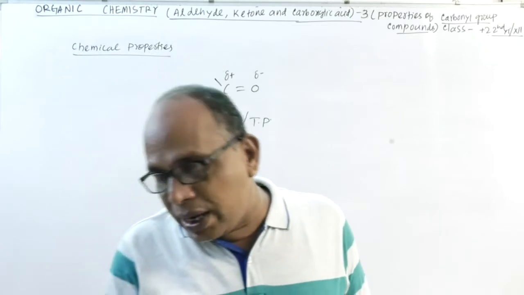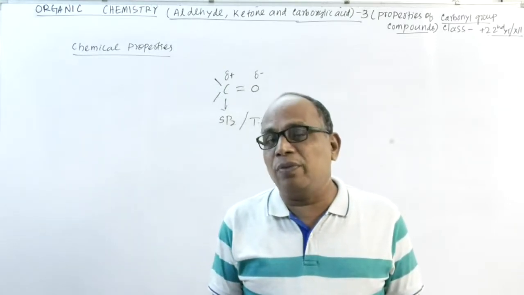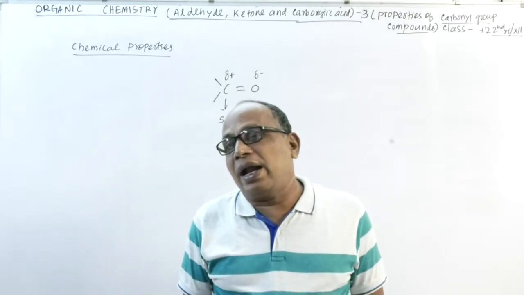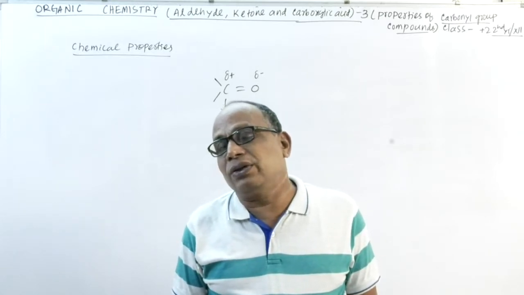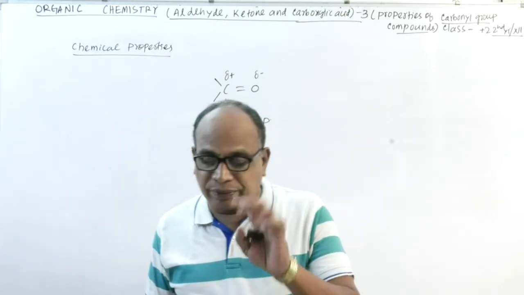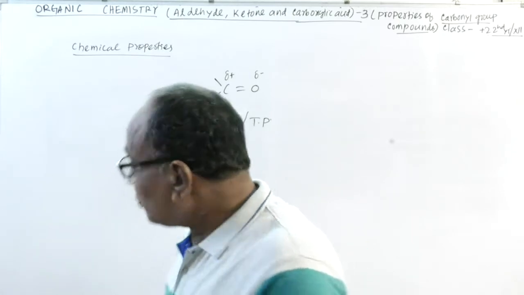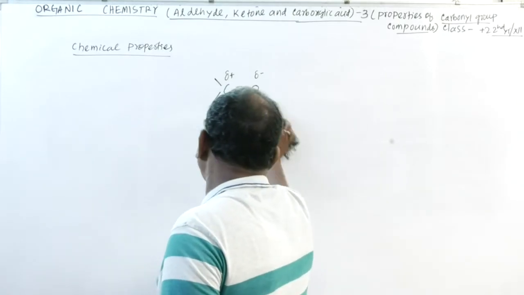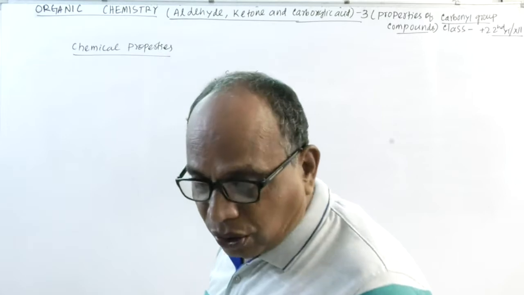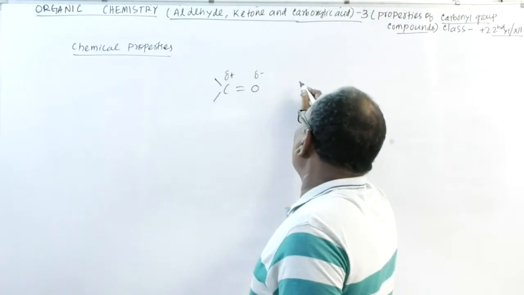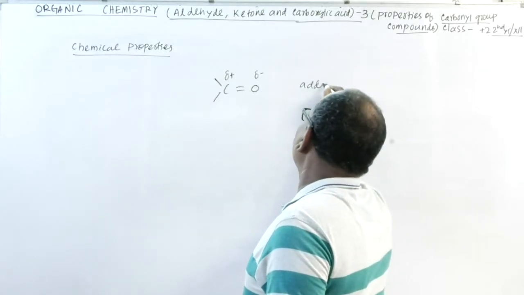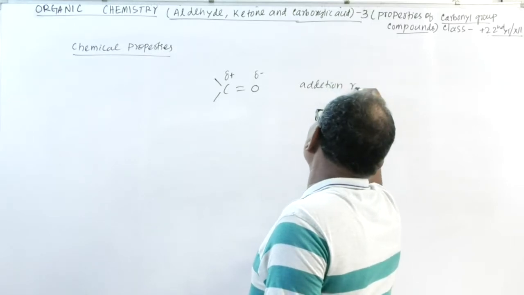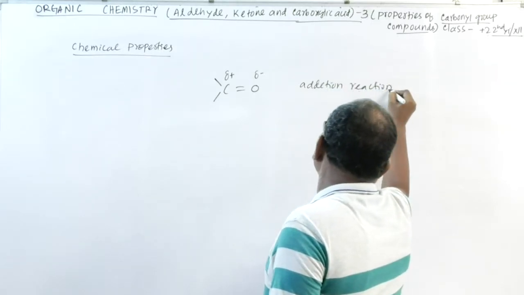You know, any molecule that possesses a pi bond, meaning unsaturated, undergoes addition reaction. So the carbonyl group possesses a carbon oxygen double bond, so the carbonyl group compound undergoes addition reaction.